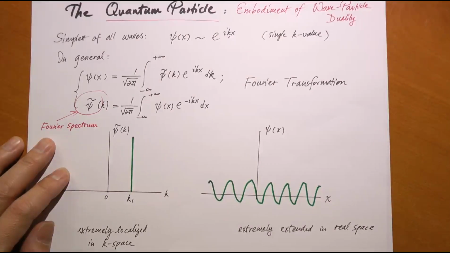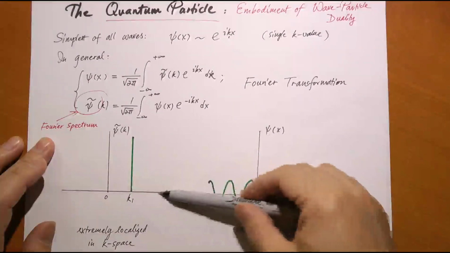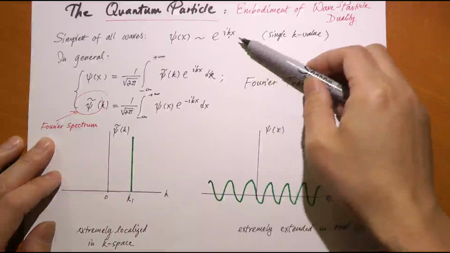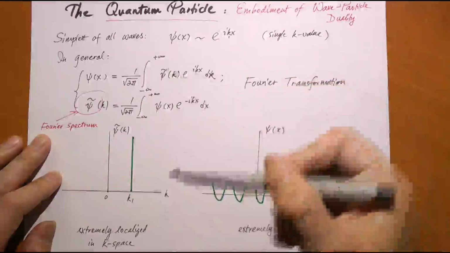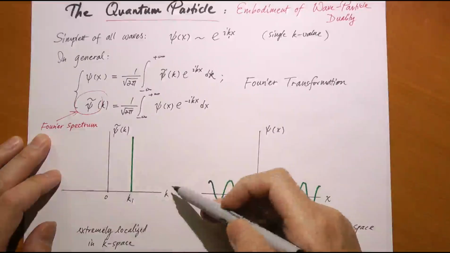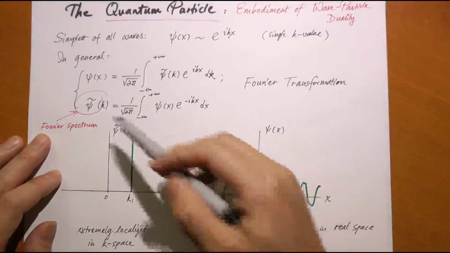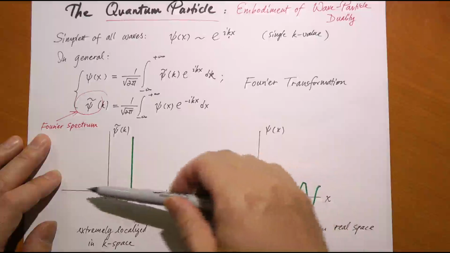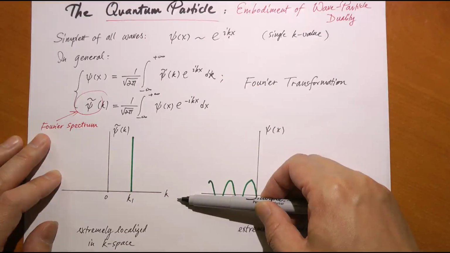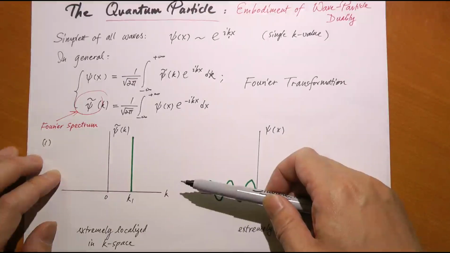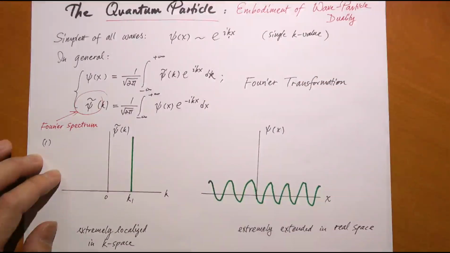Now you notice that I drew this particular Fourier spectrum for this simple harmonic wave. I drew a line which shoots to infinity, at least that is my intention, at k1 and 0 everywhere else. So psi tilde of k should behave very strangely, going from 0 to infinity and back to 0. Even though this qualitatively makes sense, is it really true according to the Fourier transformation?